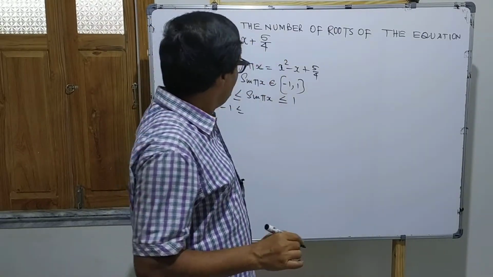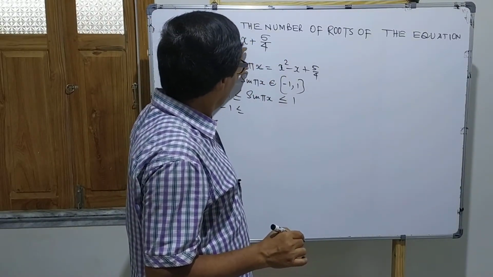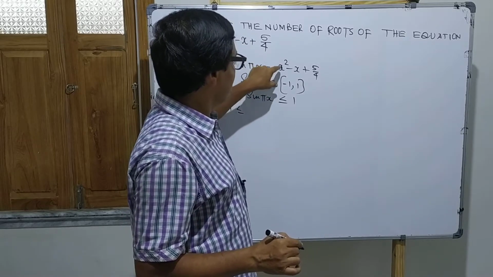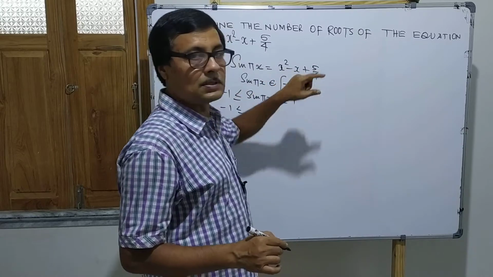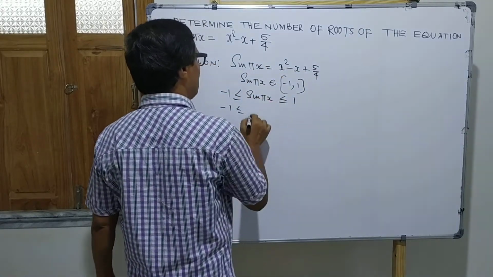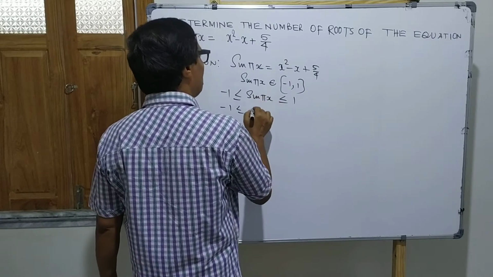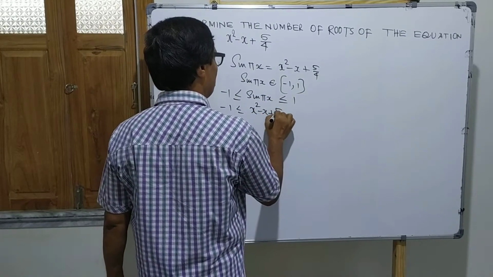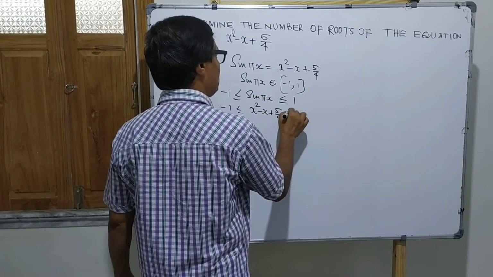What is the value of sin pi x? Sin pi x is x square minus x plus 5 over 4. So we can put the value of sin pi x here: x square minus x plus 5 over 4 less than or equal to 1.